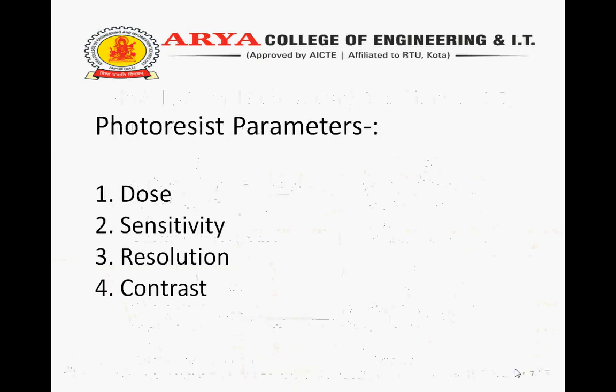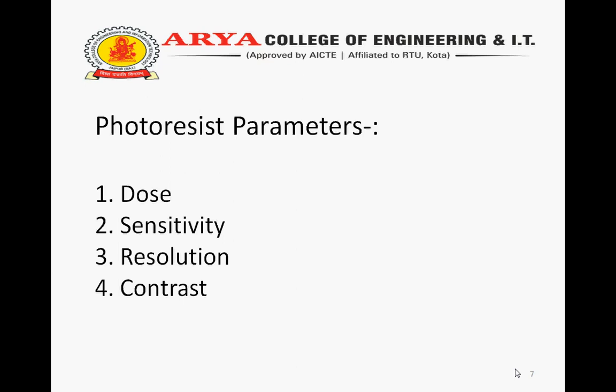Photoresist parameters. The important parameters of photoresist are: first is dose. The dose is the photons or electrons incident on the unit area of resist and is given by the product of the electron or photon intensity and the exposure time.